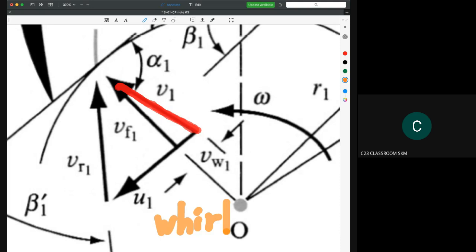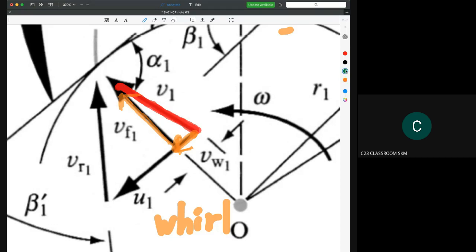So this is the velocity of whirl. And then this is the ideal velocity, the theoretical velocity. So this is the first velocity triangle.